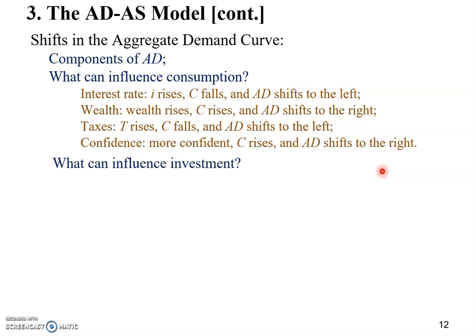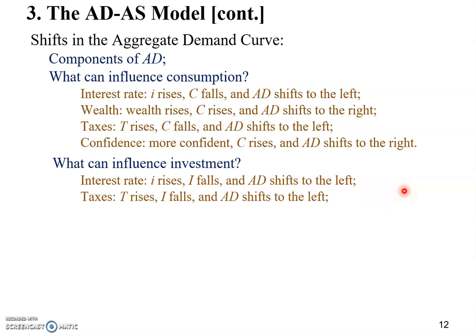Now, that's the first component, consumption. The second component, investment, depends upon the interest rate primarily. So with a higher interest rate, investment would decrease and AD shifts to the left. Taxes are also important for investors because they will change their profitability or the profit margin with higher taxes.